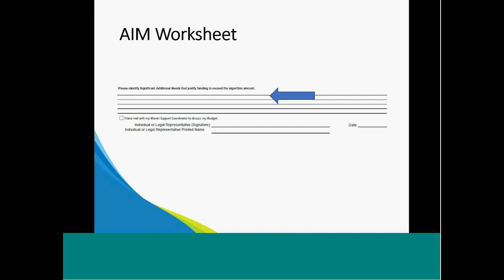So please make sure that you're identifying in this section why they need additional funds and how they meet that same criteria that we went over earlier. For example, the individual's parent passed away unexpectedly, and additional funds are needed to keep them safe in the community, or something like that. But not just blank, not just a listing of services, but a demonstration of how they meet the SAM criteria.